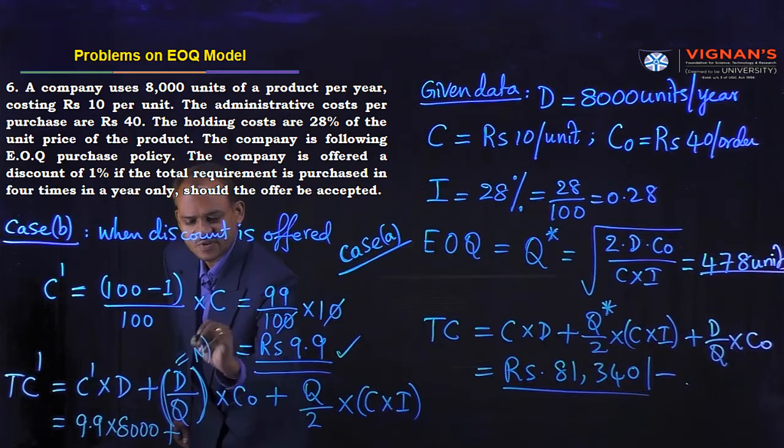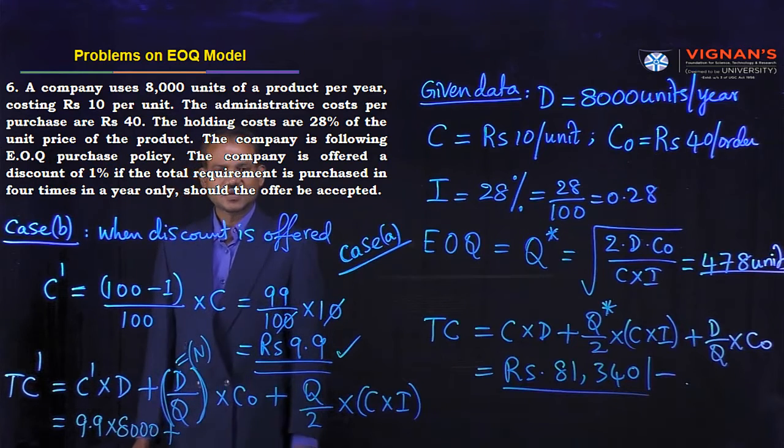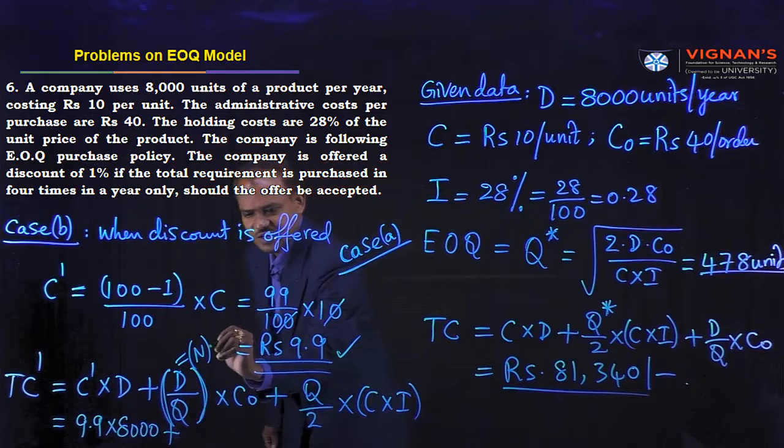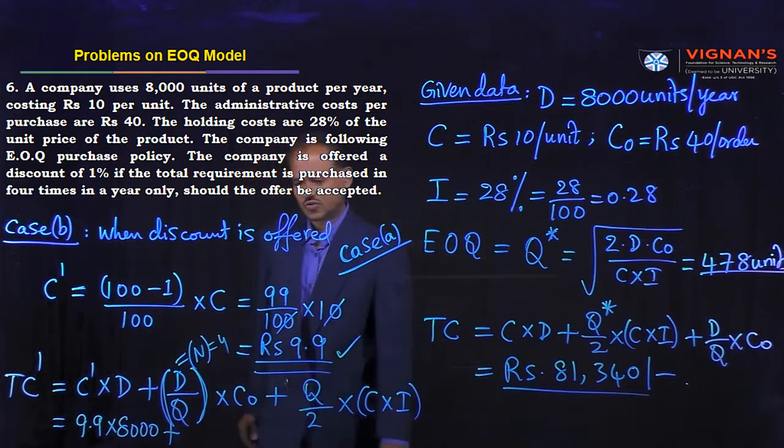Symbolically we can represent it as N. Here what is the value of N in the second case? Observe the given question clearly: if the total requirement is purchased in 4 times in a year only, that means the N value is equal to 4.